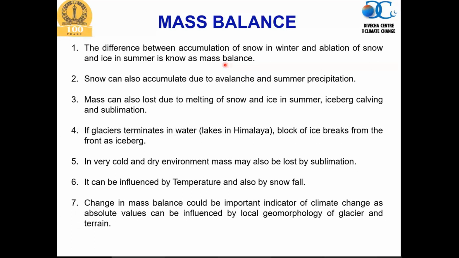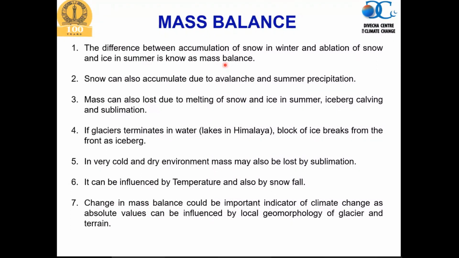So, as I was talking about, if a glacier terminates in water, then a block of ice breaks and forms the iceberg. In a very cold and dry environment, mass can also be lost due to sublimation, and that generally happens at very high altitude regions. It can also be influenced by temperature and snowfall.